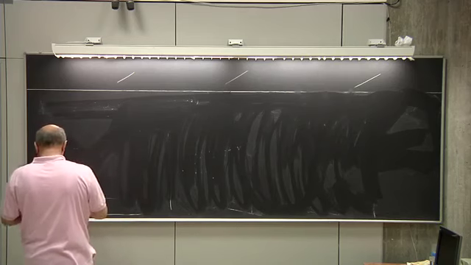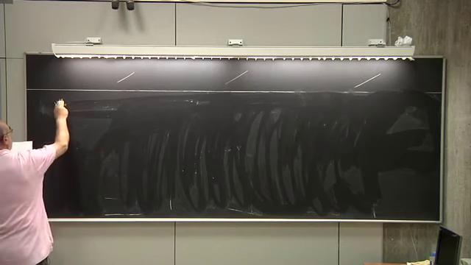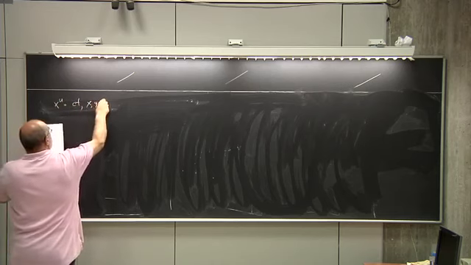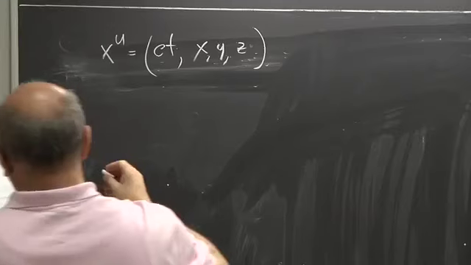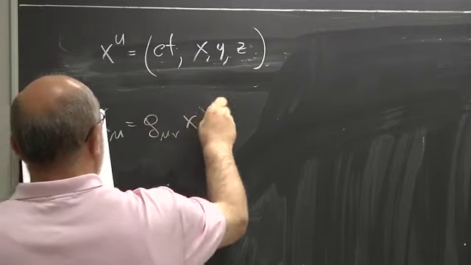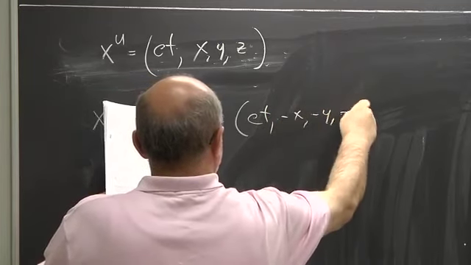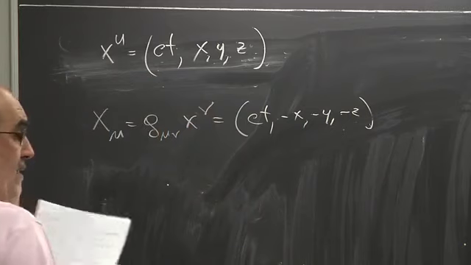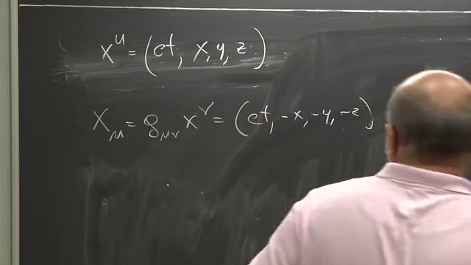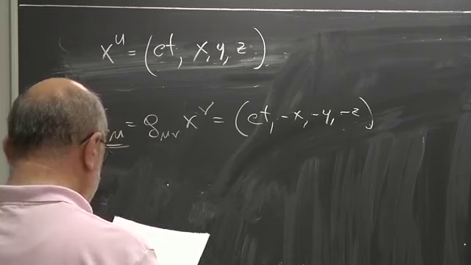So let's now specify all these notations. So the contravariant one is this vector, and then the covariant one is g mu nu x nu, and then you get ct, minus x, minus y, minus z. Okay, so the usual vector that we have used often is the one with the index down, or the covariant one.